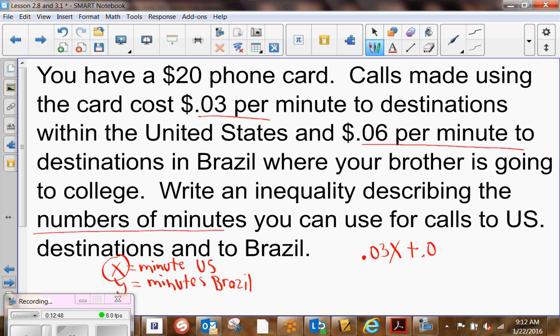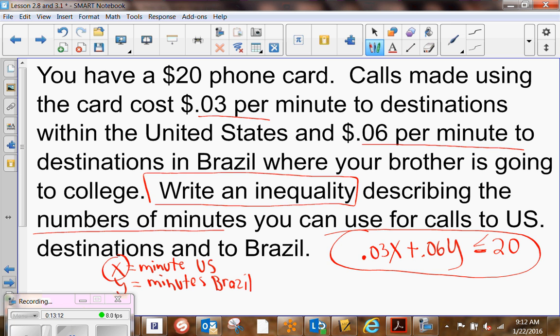So 6 cents for every minute I talk to Brazil. That total cost needs to be less than or equal to $20, because that's all I have. And I do put or equal to because it could be 20. It doesn't have to be less than 20, it could be 20. And that's all that's required here, just to write an inequality describing the situation. And that's what we did.